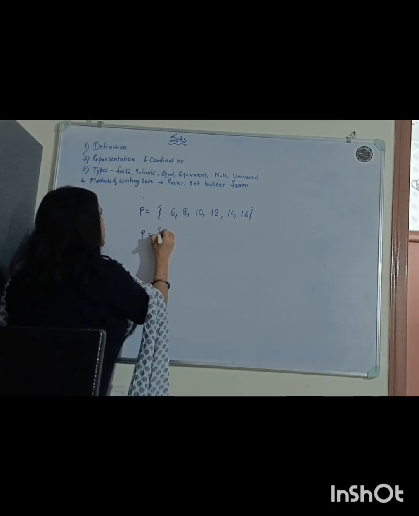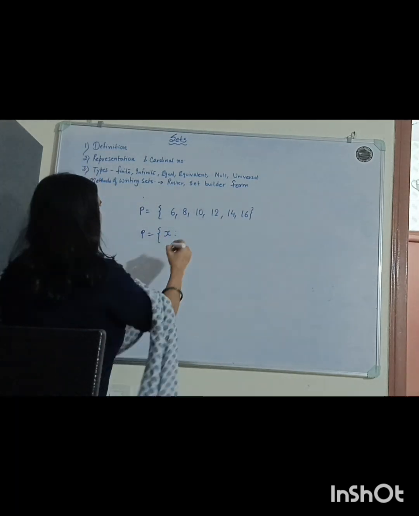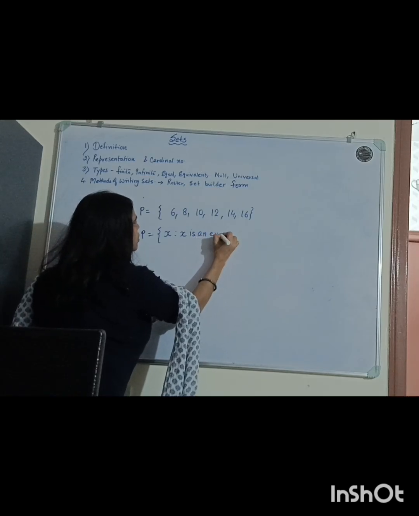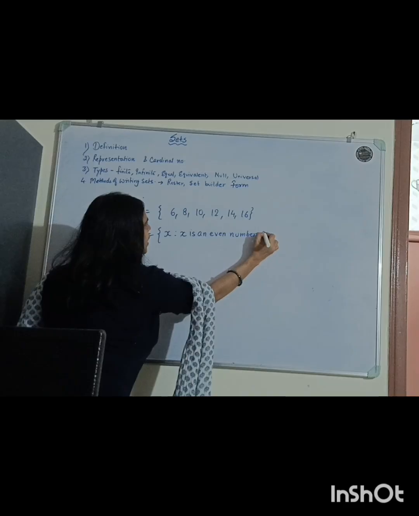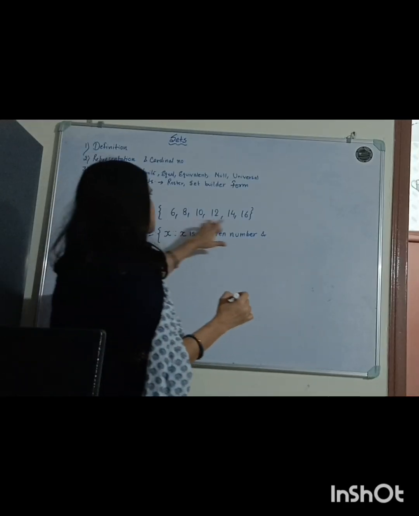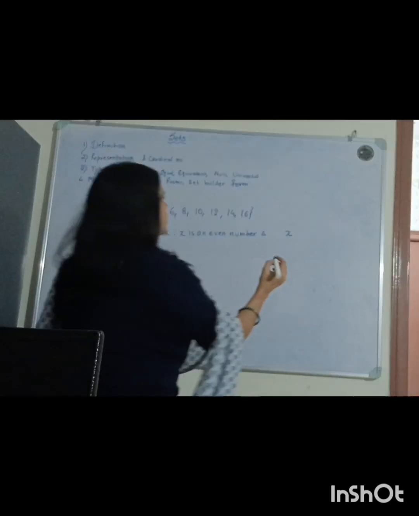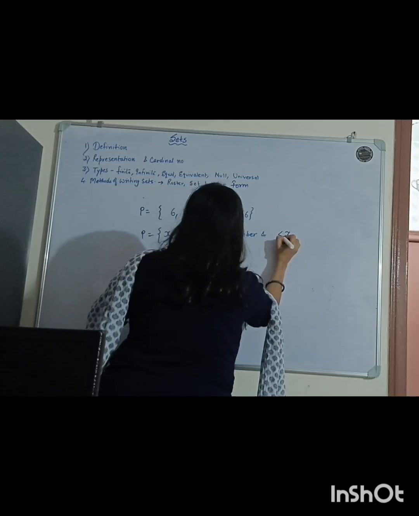P equal to x such that x is an even number, and x lies between 6 and 16. So x is either greater than 6 or equal to 6.